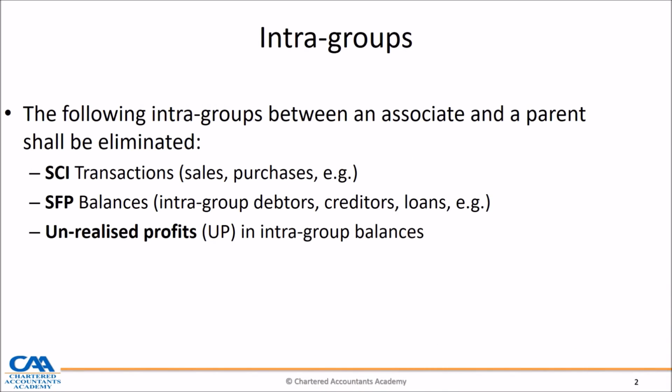When you've got intra-group transactions, what is most important is to identify the transactions which affect the statement of comprehensive income, and the transactions which affect the statement of financial position. Once you identify them, you need to calculate if there is any component of unrealized profits. The intention is that all the profits accounted for at group level should have been realized. If there's any component which is not yet realized, it should not be accounted for.